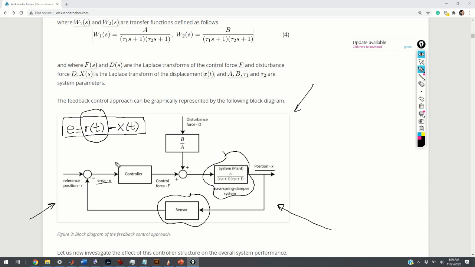Now, the controller takes this error as an input and it computes the control force, right? However, at the same time, we have a disturbance force acting on the system, so the joint effect of disturbance and control force creates a resultant force that's actually applied to the plant.